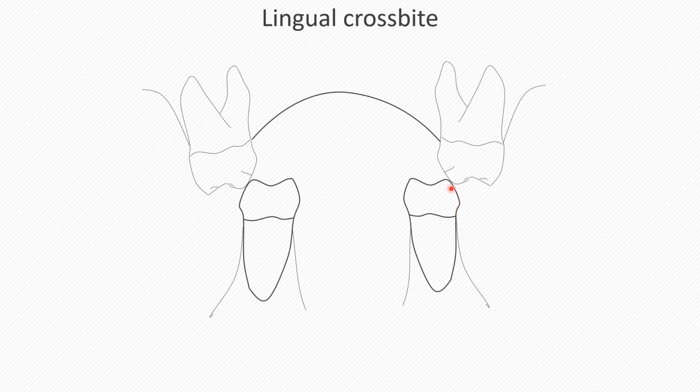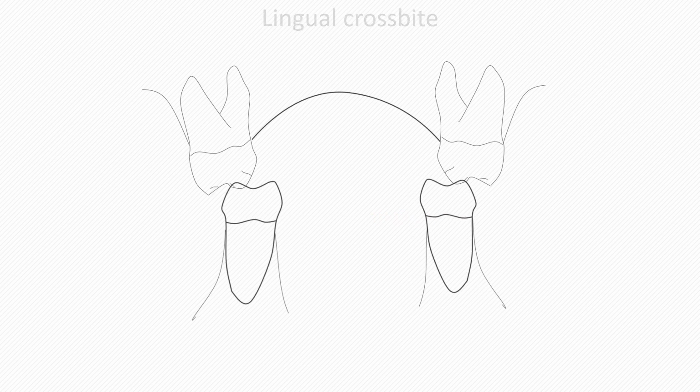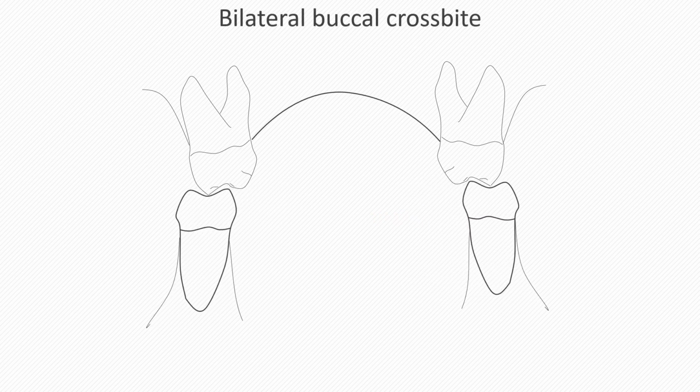And when there is bilateral lingual crossbite, it is also called a scissor bite. When the mandibular posterior teeth occlude buccally to the buccal cusps of the maxillary posterior teeth and involve both sides of the arch, it is called bilateral buccal crossbite.